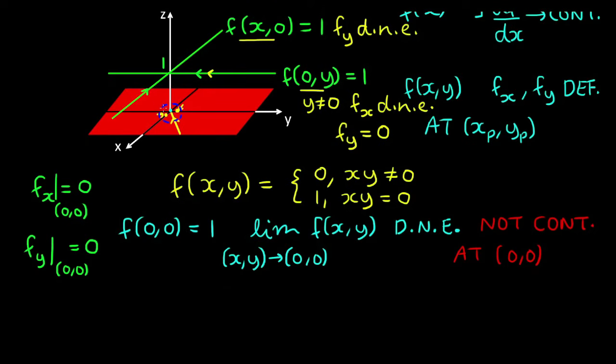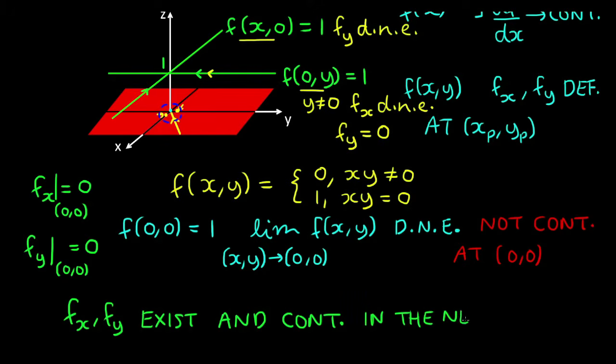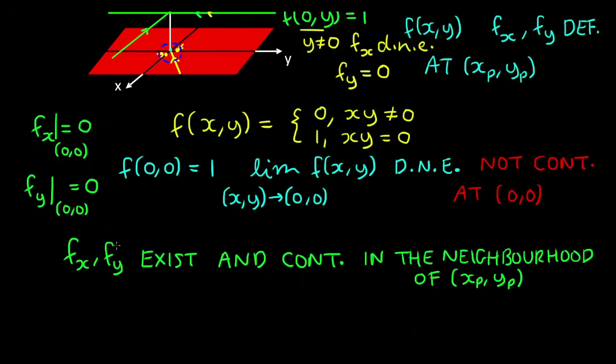So we come to the conclusion that the partial derivatives must exist and must be continuous throughout the disk centered at the point, so in the neighbourhood of the point where we're checking for continuity. So therefore, if the partial derivatives exist and are continuous, then that implies the function is continuous at this point.